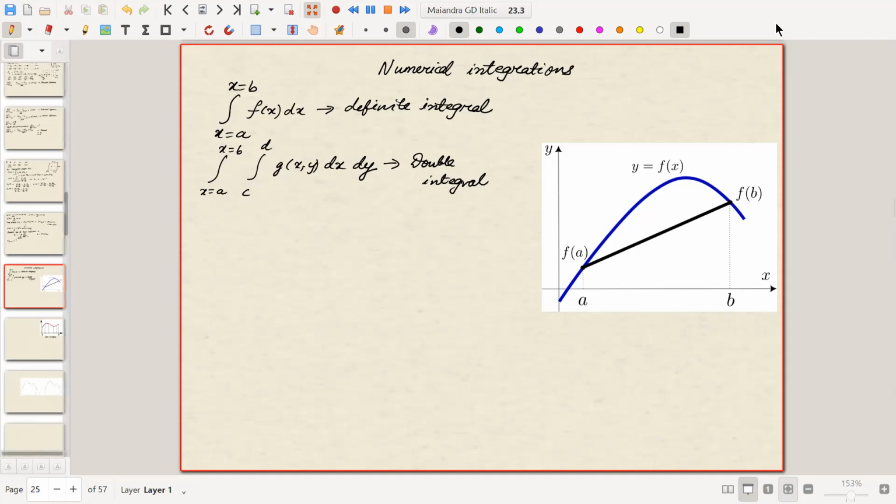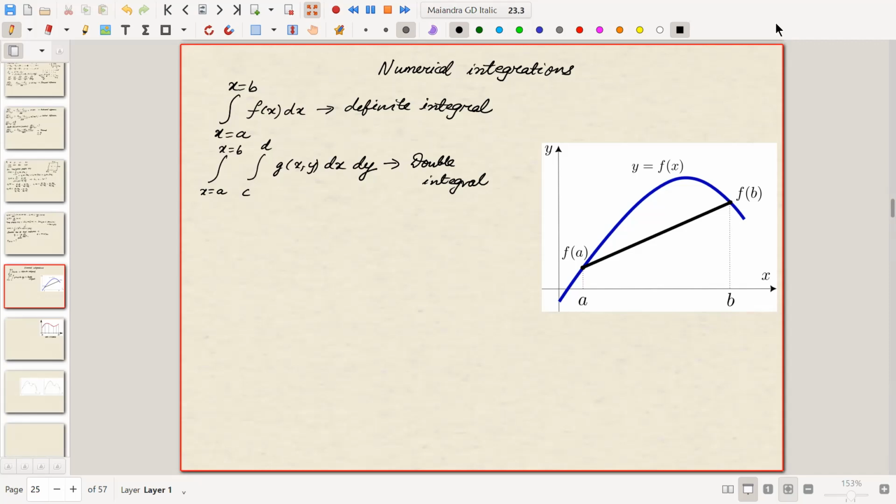You can see the figure on the right? A function like f of x, in blue. I know only about two points, A and B. If you have knowledge of only two points, the best you can do is fit a straight line.